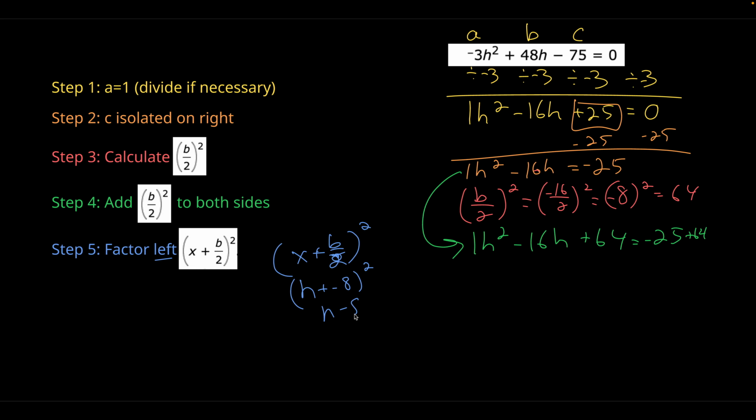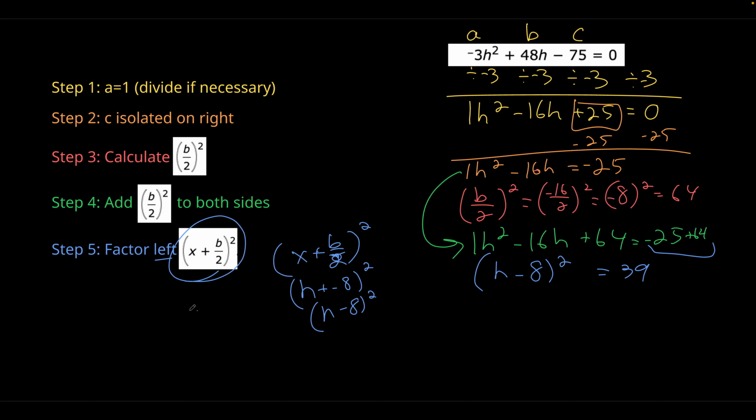That's like saying (h minus 8) squared. If you're familiar with perfect square trinomials or factoring techniques, you could do it that way, but it will always factor into this (x plus b over 2) squared. Over here, let's combine these: -25 plus 64 is 39. For now, we're going to leave it like that.